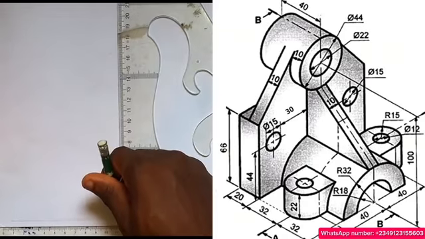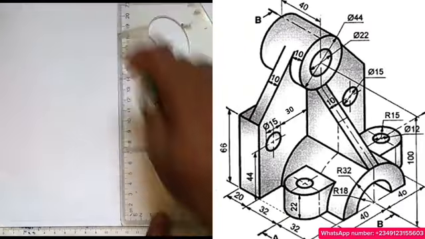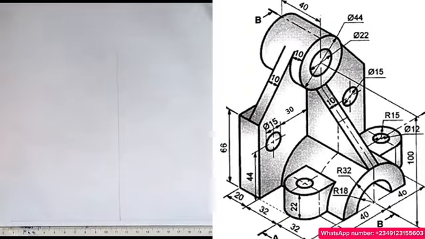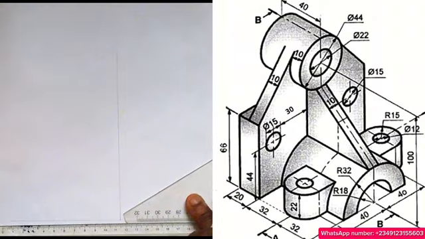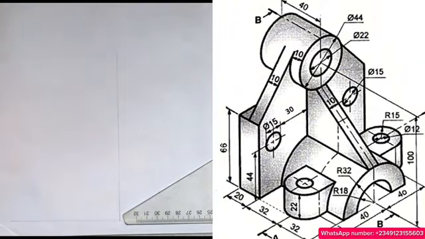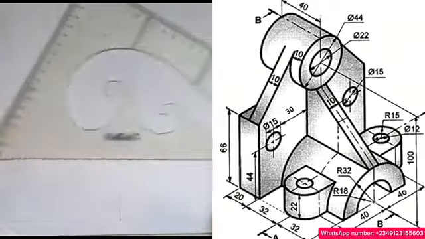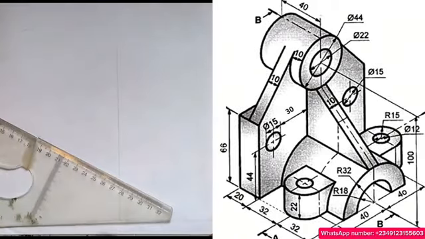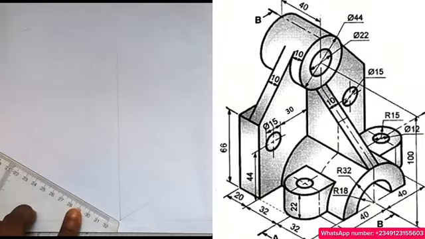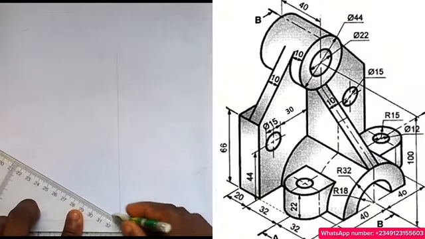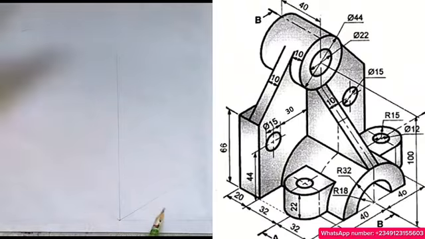Such that I'll take my t-square inclined at an angle of 30 degrees this way, and I'll take it down this way. So this is what we refer to as the isometric axis. I'm done producing my isometric axis.